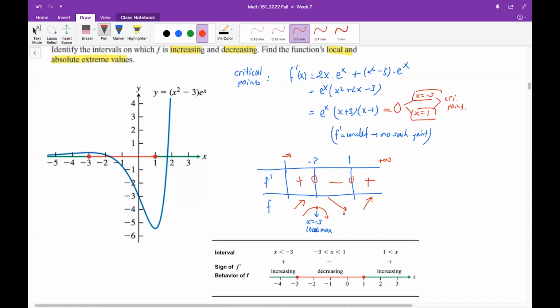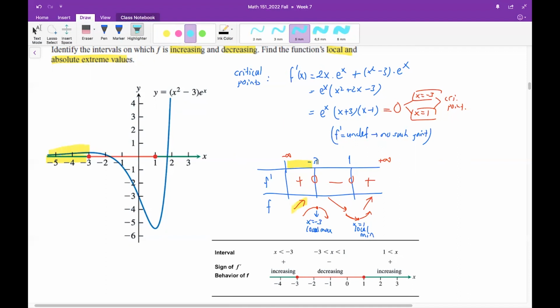And here what happens, your function is decreasing and then it starts increasing. That's why this is the local minimum point now, okay? We can verify these facts by looking at the graph. Over this interval from minus infinity to minus 3, your function is supposed to be increasing. Let's see, minus infinity to minus 3 is this interval, and yes, your function is increasing over there like that.